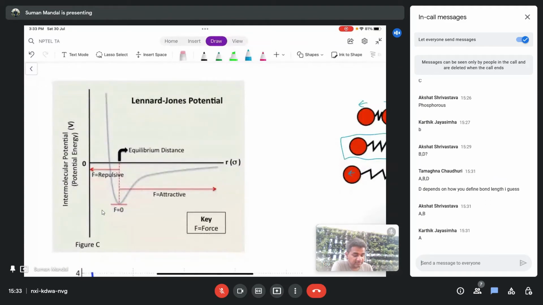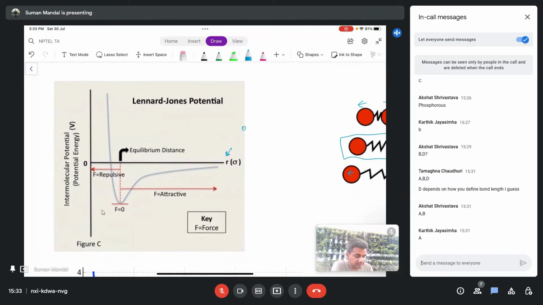So let's say you have a particle here and a particle here, and r is the distance between the two particles. If you leave them very far apart, then there will be an attractive force which will bring them together.